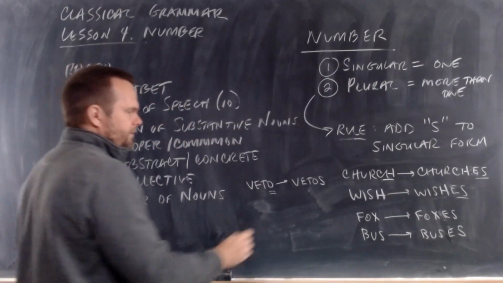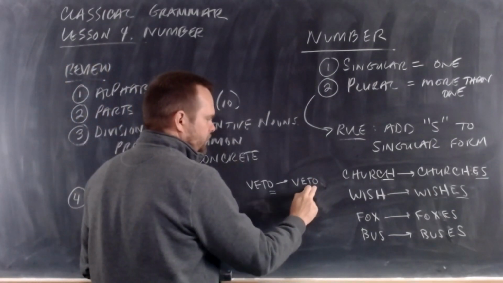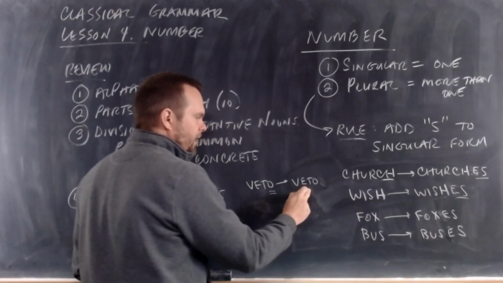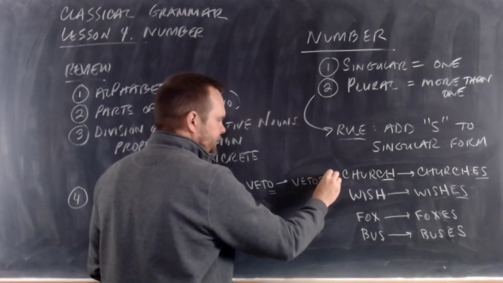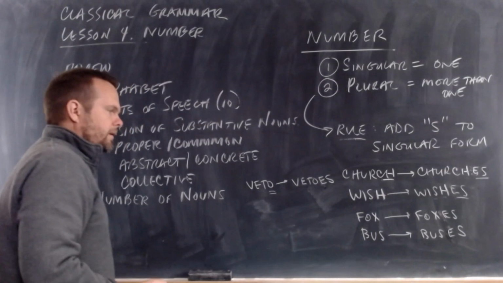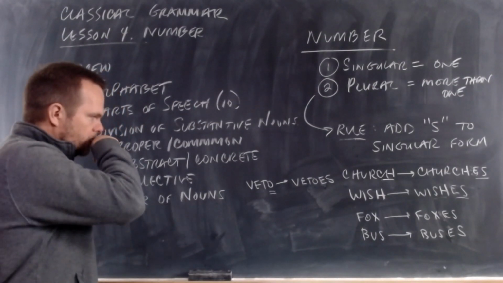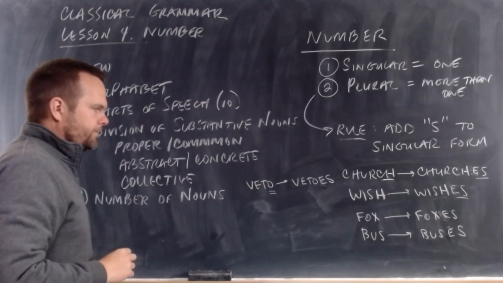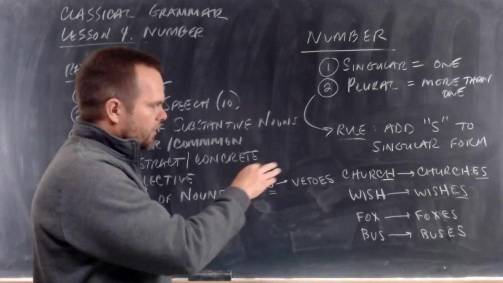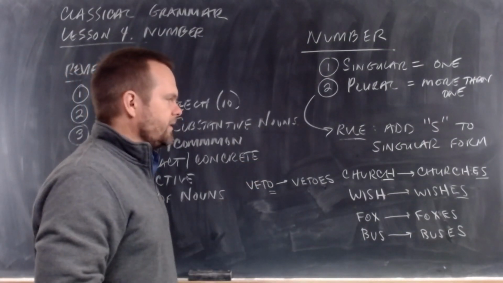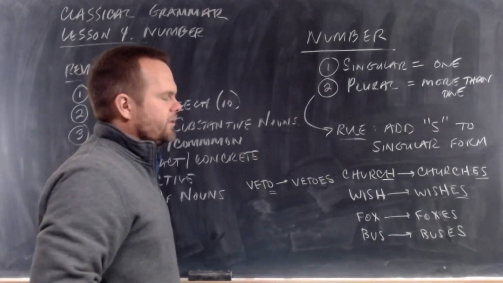That's not right. Because this word ends in O after a consonant, we would add es. Vetoes. Okay?